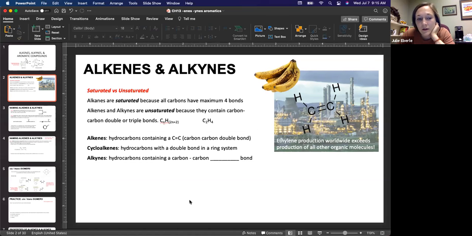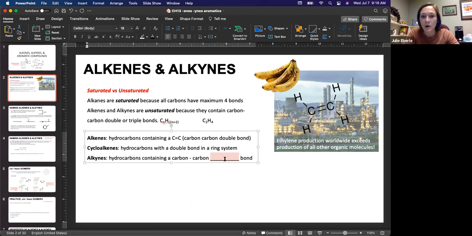And cycloalkenes, sorry, these are hydrocarbons with a double bond in a ring system. And we're going to look at a lot of examples for that and how to name those as well. We learned how to name cycloalkanes yesterday. So we're going to talk about more rules for naming today, and a lot of the different pieces that we used yesterday will apply to today, but there's going to be a few new rules we introduce for how to name alkenes, cycloalkenes. And then even alkynes have a carbon-carbon what?